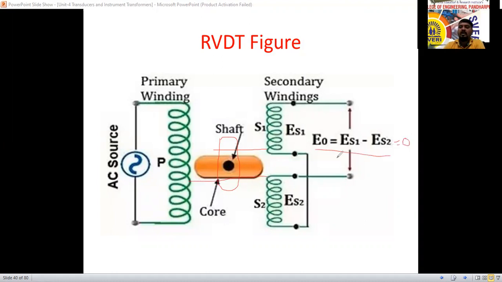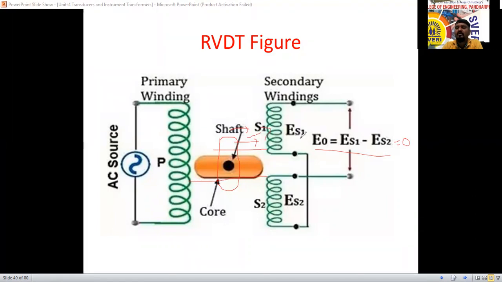If the core rotates in the clockwise direction, this part will come nearer to S1. On that condition the output will be positive, because ES1 is greater than ES2.